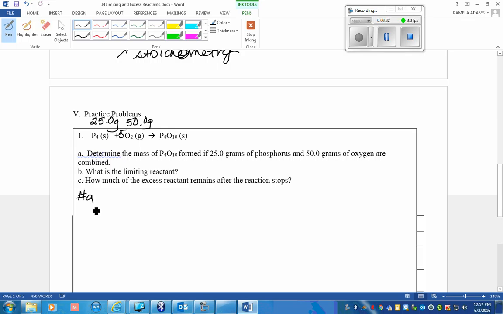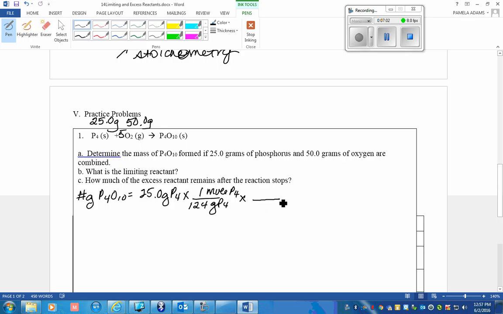The first one says how many grams of P4O10 can be obtained when 25 grams of P4 are reacted. So grams of P4 go on top, moles of P4 go on the bottom. The molar mass of 4 atoms of phosphorus bonded together is 124.